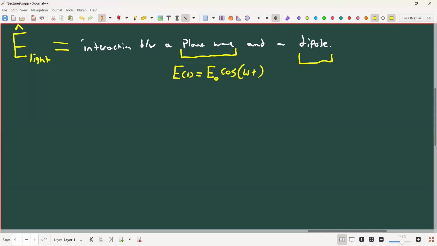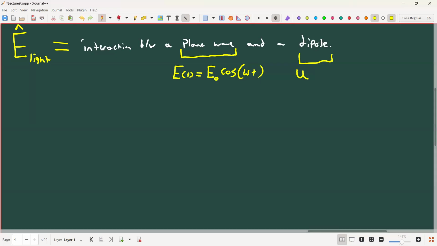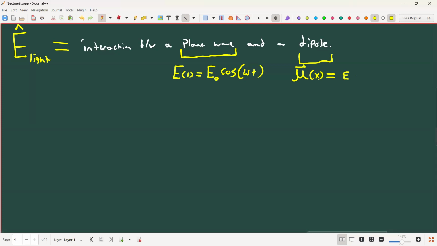You have a total charge separation of E, the charge of the electron, times the distance between the negative and the positive end. So the dipole has a very simple formula. Call it mu, which is a vector, but it's only in x. It's going to be this number epsilon, the charge distribution, times x.